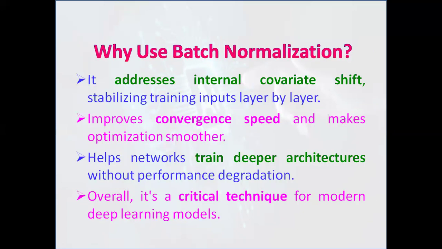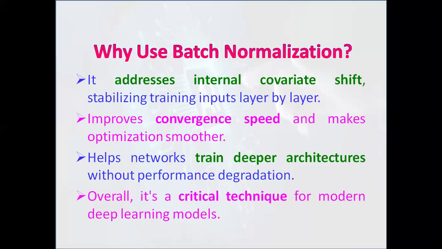And finally, why use batch normalization? Batch normalization is essential in deep learning because it mitigates the effects of internal covariate shift, a problem that slows down learning and destabilizes training. By standardizing the input to each layer, BN allows networks to learn faster, converge more reliably, and generalize better.